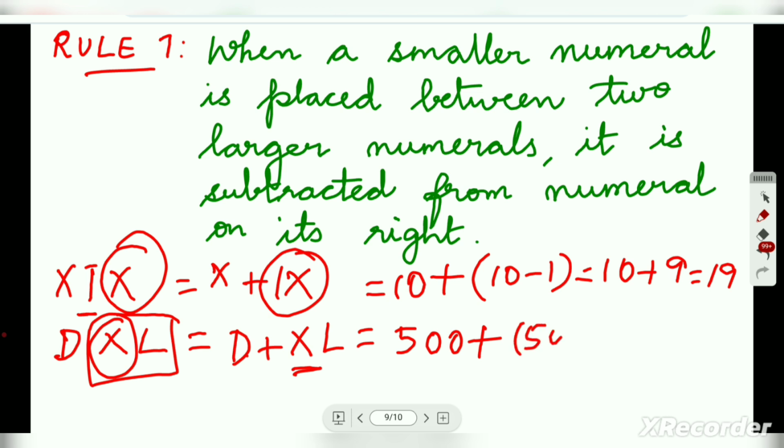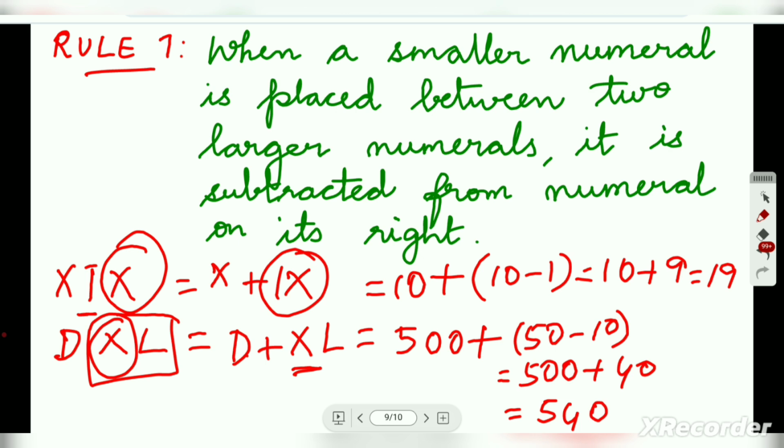So it is 50 minus 10. So 500 plus 40 equals 540. So this is how we do it. When a smaller numeral is placed between two larger numerals, it is subtracted from the numeral on its right. So this is an important pattern to remember for your Olympiad.